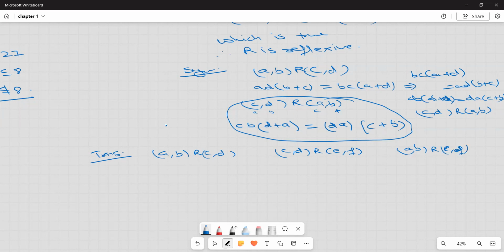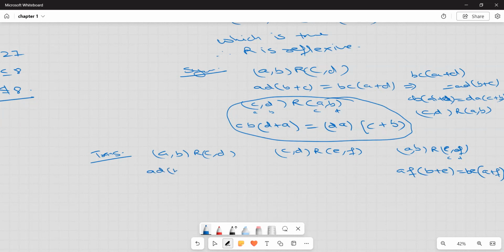So, for AB related to EF, what do we need to show again? C and D. This is your pencil work. So, AF into B plus E is equal to BE into A plus F. This you have to show, right? So, let us start from here.